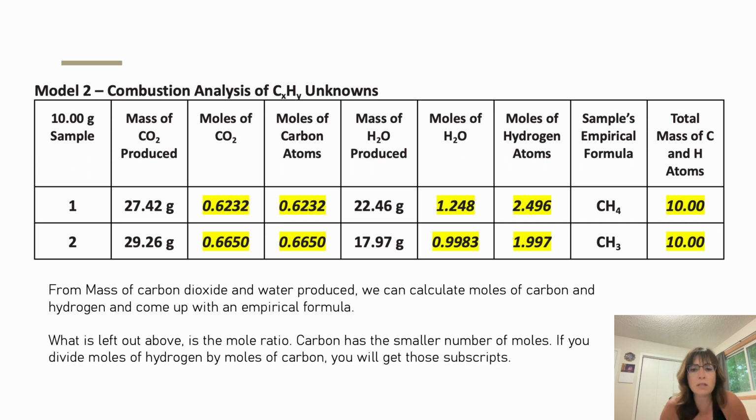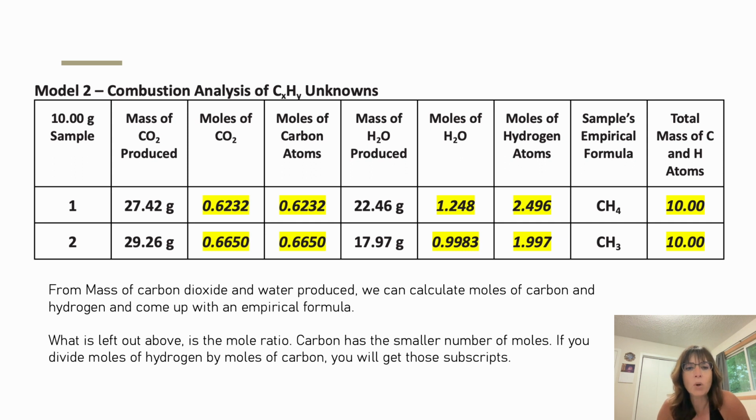So notice I doubled the values to get moles of hydrogen. Now what you do not see in this data table at all is what we did in the POGL in one of the questions. Well, where did they get CH4? Where did they get CH3? Well, you might not have realized it, but they actually have already done the first step in finding an empirical formula: mass to moles. Well, what's the second step? Mole ratio.